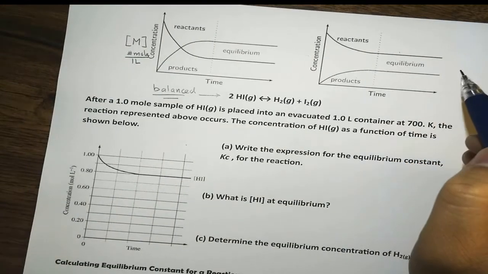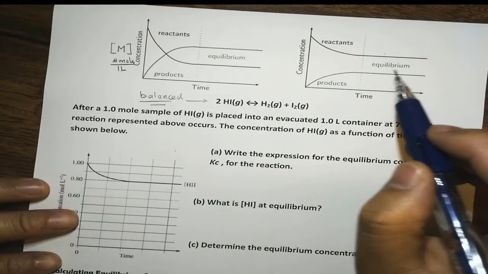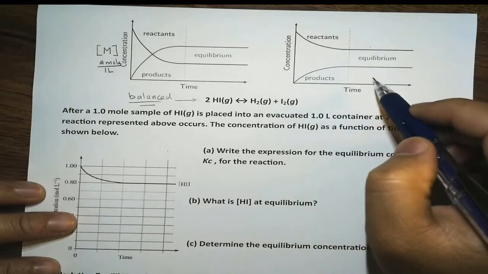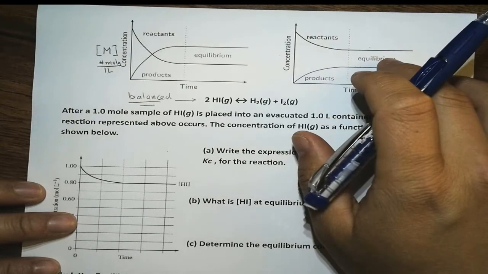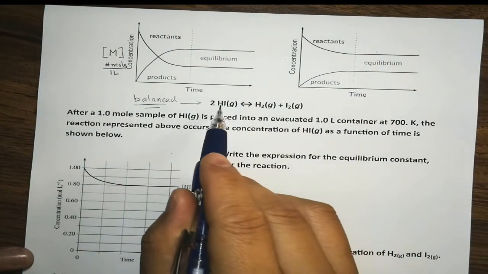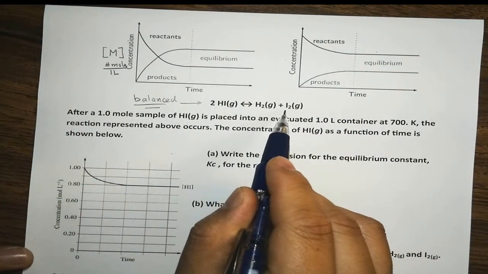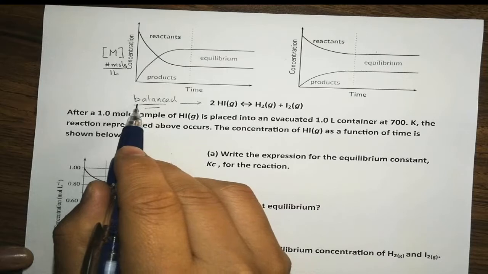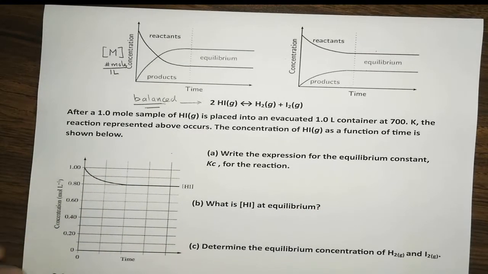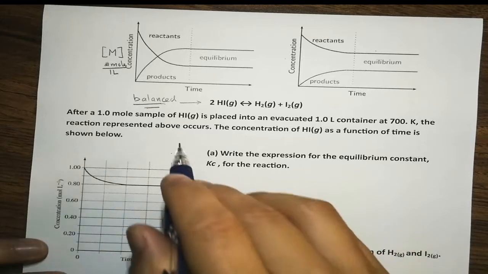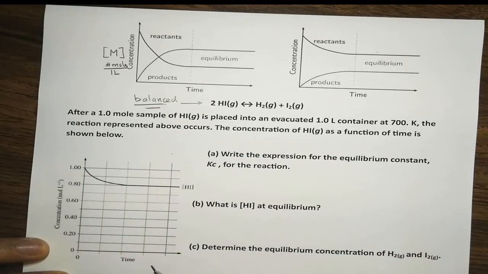In this lesson, we are going to learn how to calculate the concentration of substances in a chemical reaction at equilibrium. So of course, we always start with a chemical equation. And one of the most important things is that this needs to be a balanced chemical equation. So here is the problem that is describing this chemical reaction.